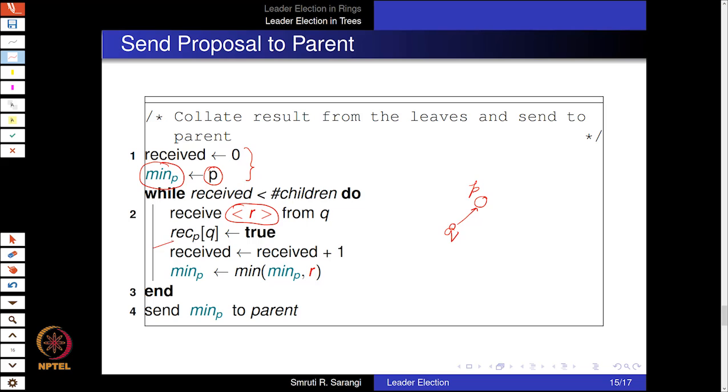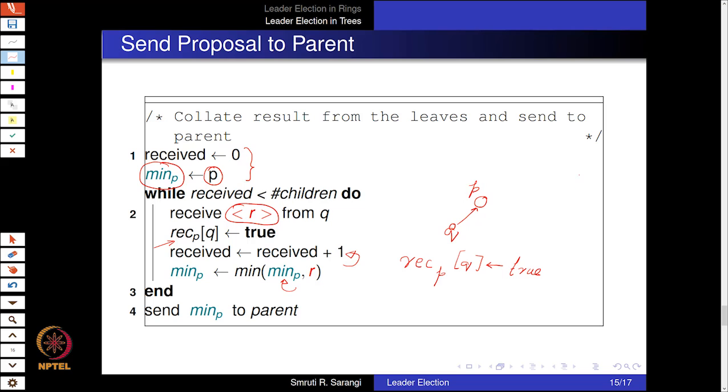And I will set this variable of mine, which is the received array. I am always node P, the other node is always node Q. So for its Q-th entry, I'll set it to true, and I'll increment the number of messages I have received. Furthermore, the minimum that I maintain will be the minimum of the previous minimum and the value that I got from my child.